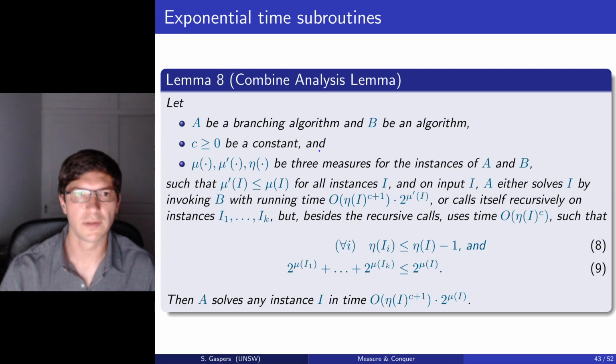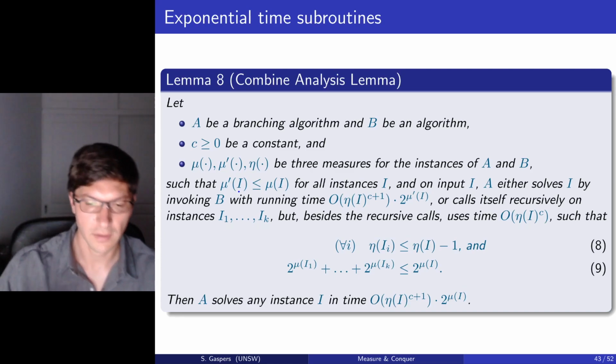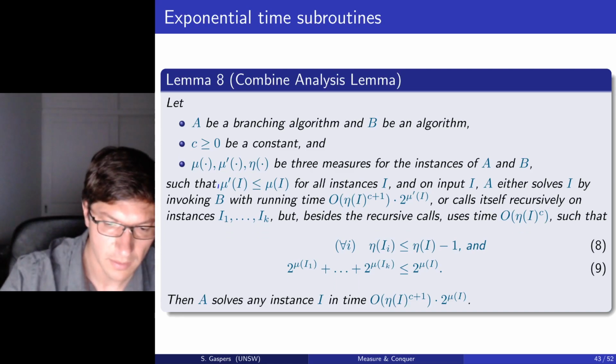So c is at least 0, and mu prime and eta are all measures. And this is very important: we have that mu prime is at most mu for every instance I.